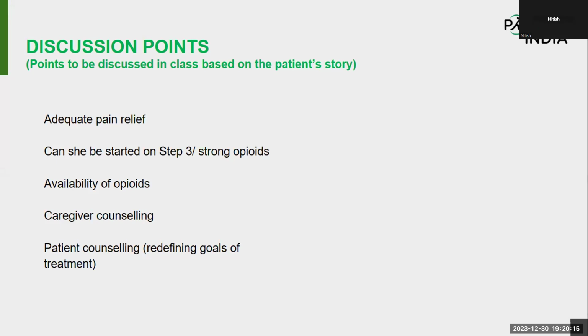Patches are often extremely costly, and as she told, the patient is from a very poor background. She's barely making her ends meet. And getting patches in government setup is next to impossible. We might get morphine, but we never get patches, except maybe in central institutes. Central Institute Palliative Care do have patches for supply.